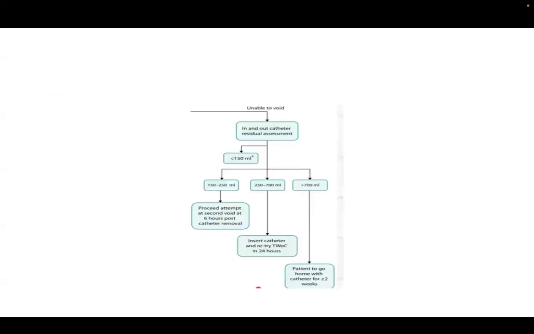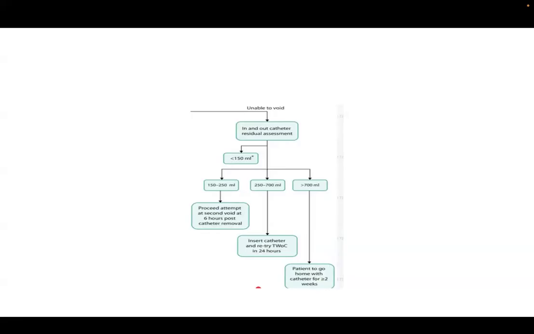I think this is the last slide. So in case of postpartum urinary retention, how will we manage? First, we will do an in and out catheter to check the residual volume. If it is less than 150, it is normal. If it is from 150 to 250 ml, then what will we do?